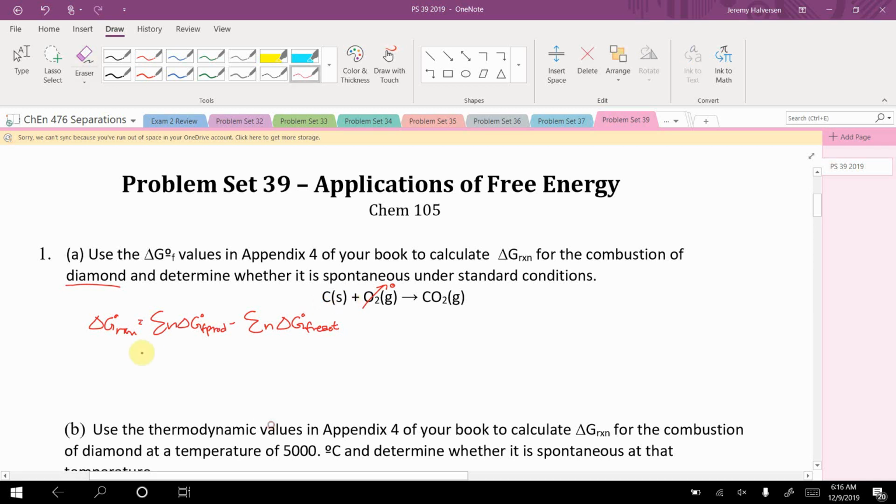So that means that delta G naught of the reaction is going to be my products, which is CO2, which is negative 394.4 kilojoules per mole, minus my reactants, which is going to be 2.84 plus 0.